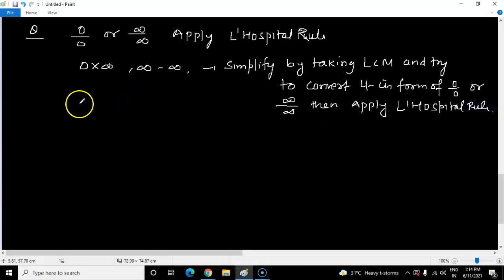Now if the indeterminate form is 0 to the power 0, 1 to the power infinity, or infinity to the power 0, so these are the 3 of the 7 indeterminate forms we have here.